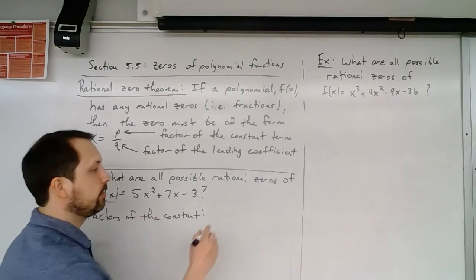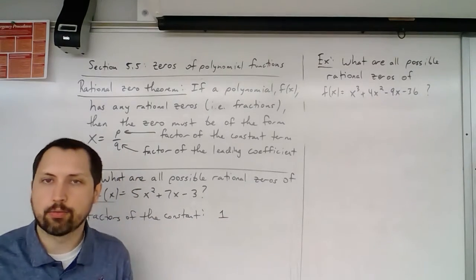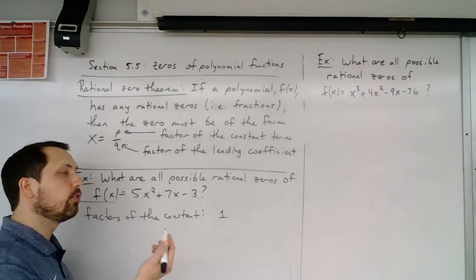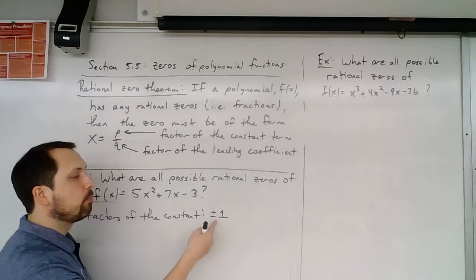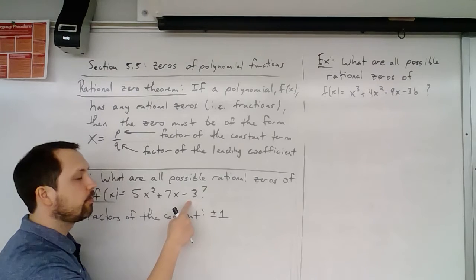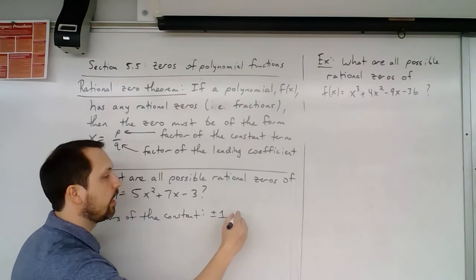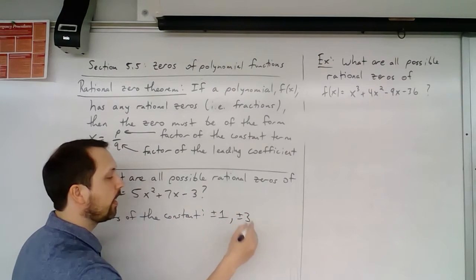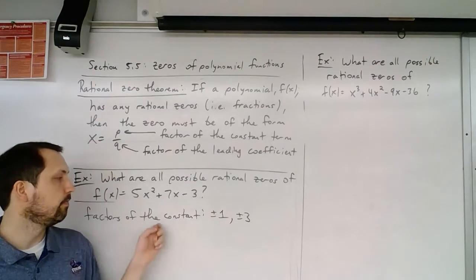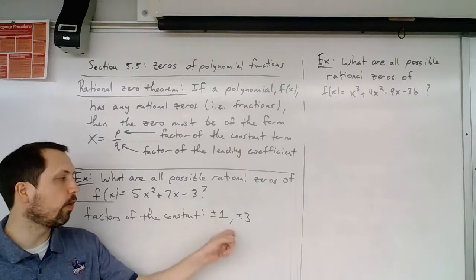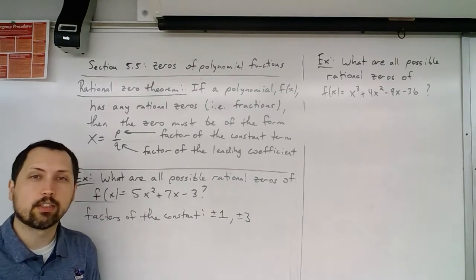So we know, for instance, 1 is going to divide 3, but also -1 divides this. So we have plus or minus 1. Both +1 and -1 divide -3. Also, with the same idea, both plus and minus 3. All of these are the 4 factors of our constant.